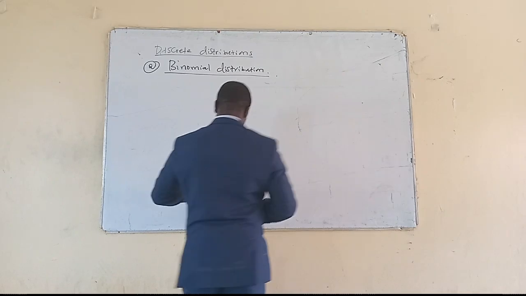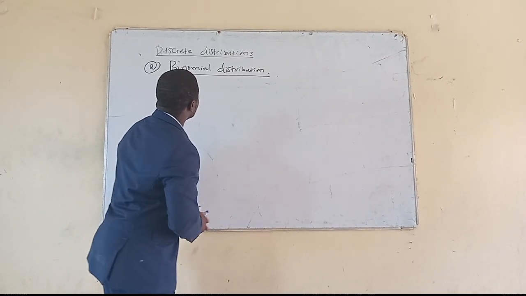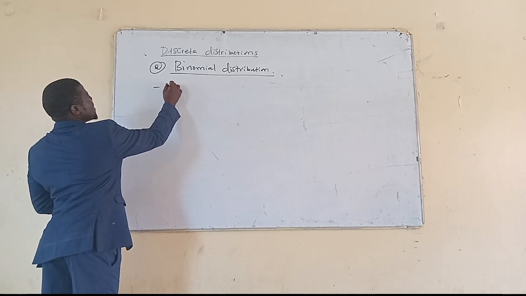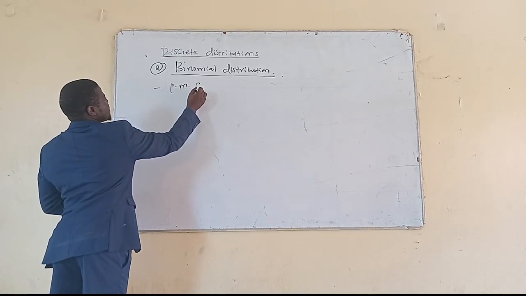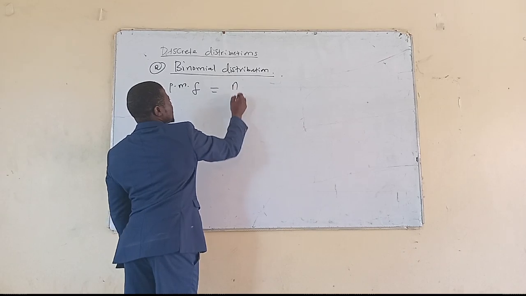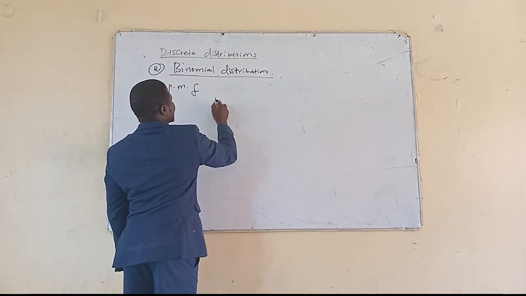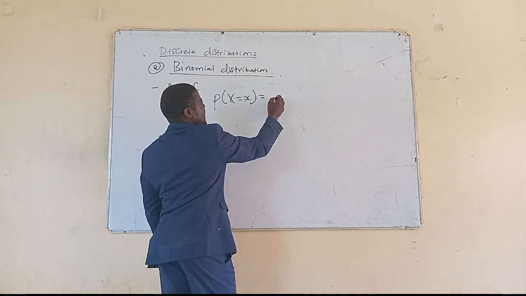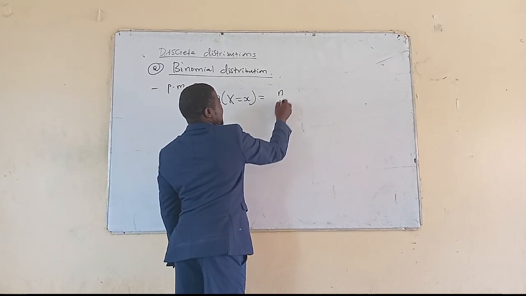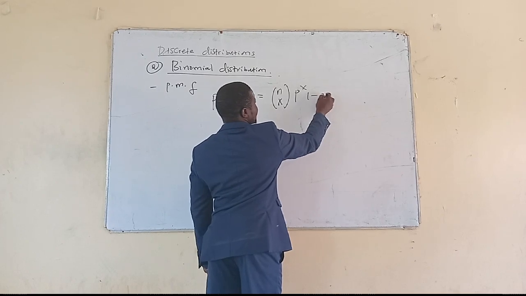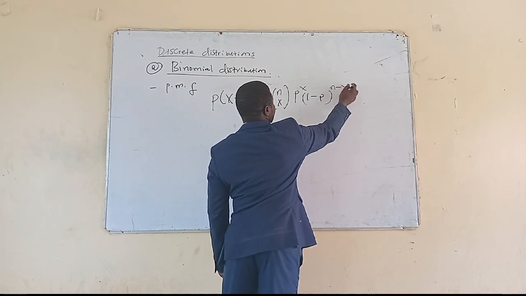Of course, we have to write the PMF. The probability mass function is given by P(X = x) = n combination x, p to the power x, (1 minus p) to the power n minus x.